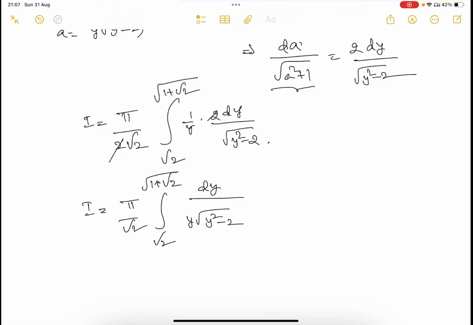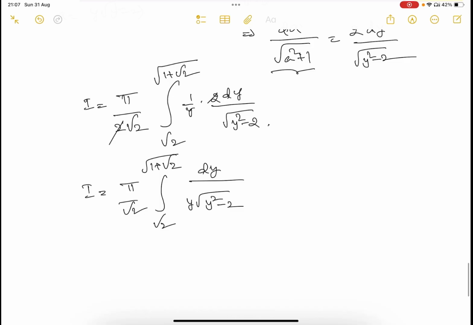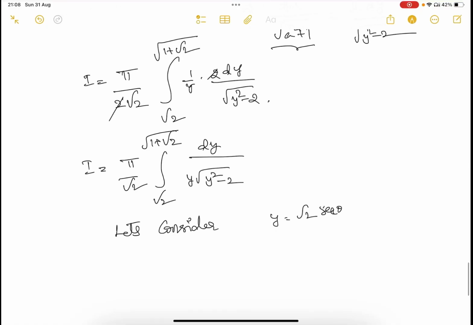Then this can be written as, let's make some substitutions here. Let's consider y as root 2 into secant theta, right?